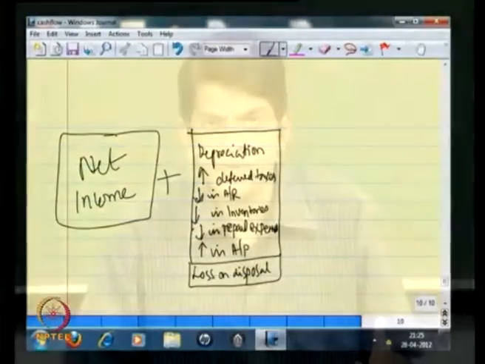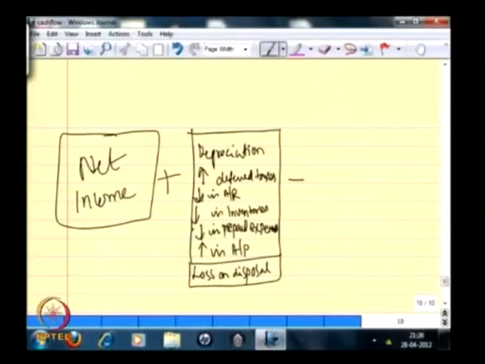It could also happen in some transactions where there is a loss on disposal, and just as gains were already a part of net income, the loss is also a part of net income that is already factored in, and hence such losses on disposal for the purpose of calculating the cash flow statement is added back to the net income. So, the loss on disposal is added back, then what gets subtracted is exactly the opposite of this.